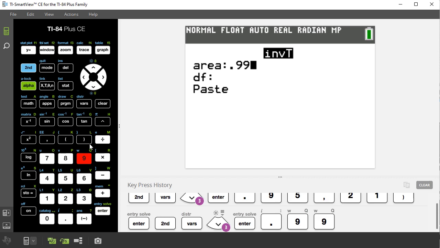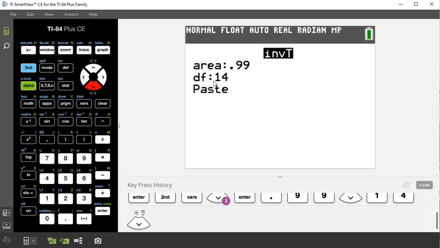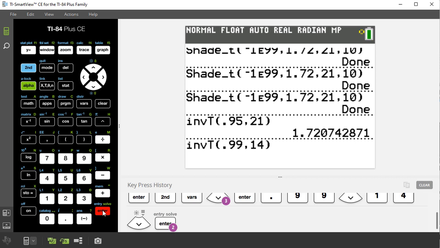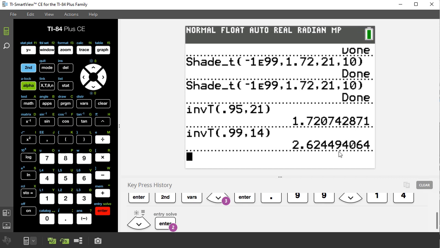So 0.99, and for this one we used 14 degrees of freedom. Keep in mind that means the sample size for this one would be 15. So you have 14 degrees of freedom, whereas the 15th sample has no choice, essentially. So we just do this, and we get 2.62.